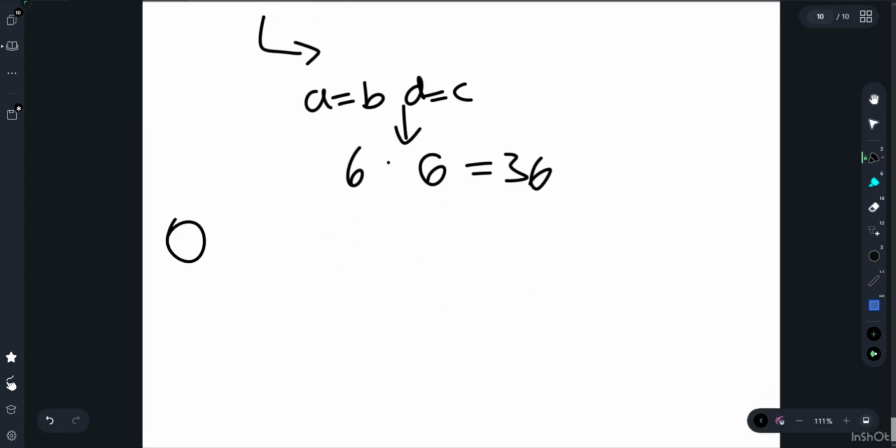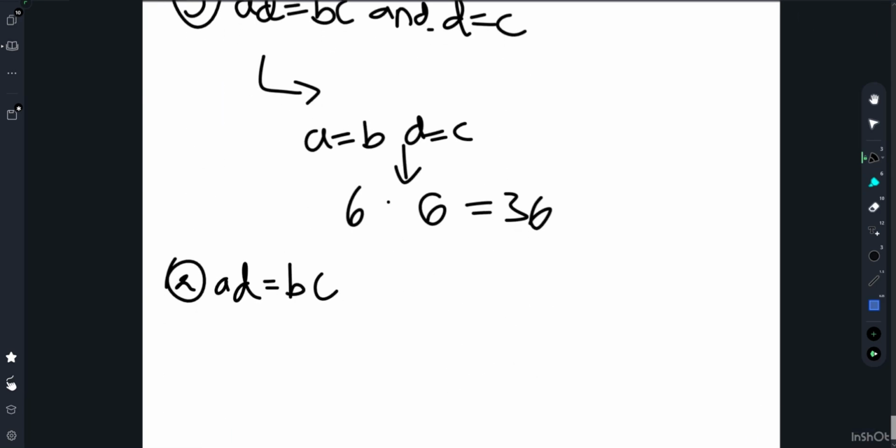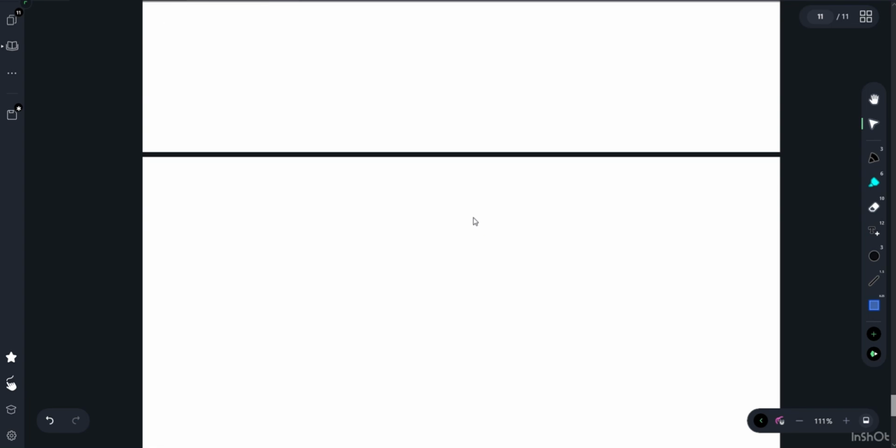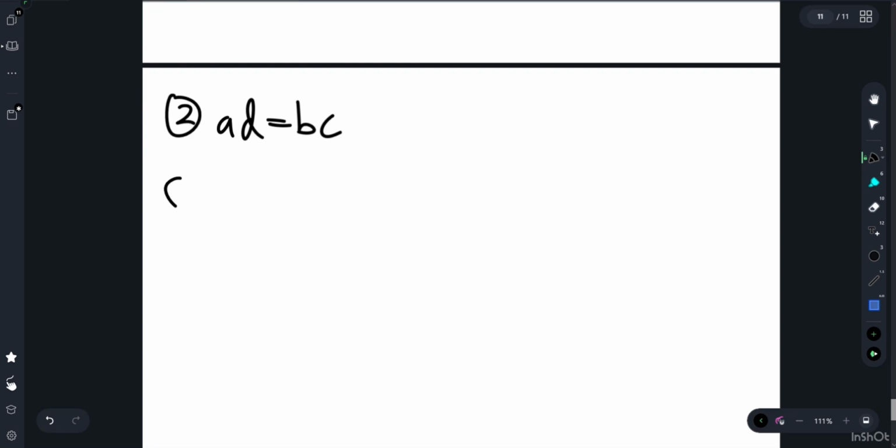Now let's go into case 2, which is AD is equal to BC. We can do casework on what the common product is. I'm just going to create another page real quick because we are running out of space. So we want to do casework on what the common product is.